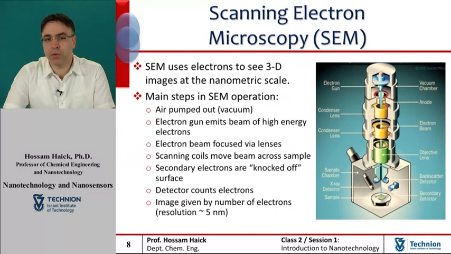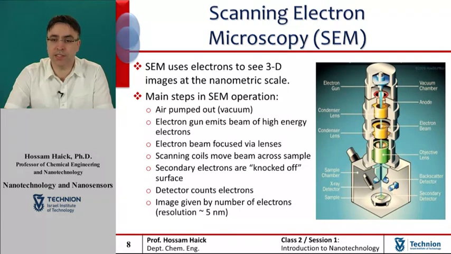We will move now to the scanning electron microscope. The scanning electron microscope, abbreviated also as SEM, uses a focused beam of high energy electrons to generate a variety of signals at the surface of solid specimens.